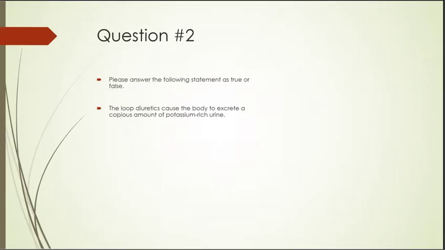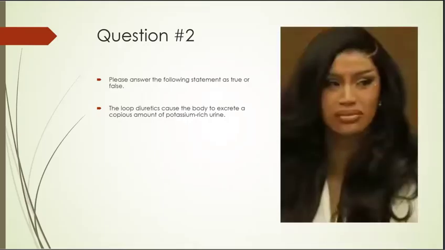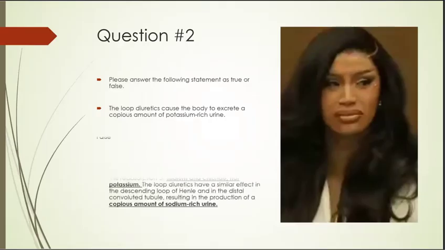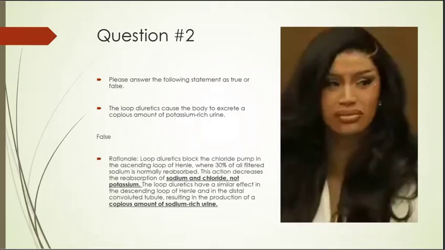So here's my question for you. True or false? The loop diuretic causes the body to excrete a copious amount of potassium-rich urine. False. Loop diuretics block the chloride pump in the ascending loop of Henle, where 30% of the filtered sodium is normally reabsorbed.